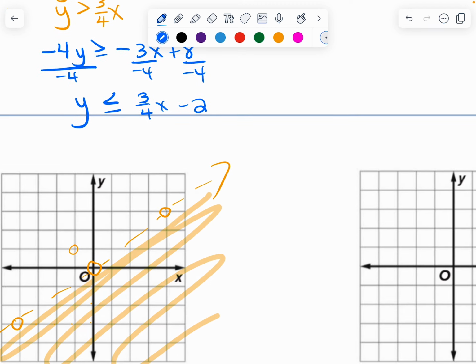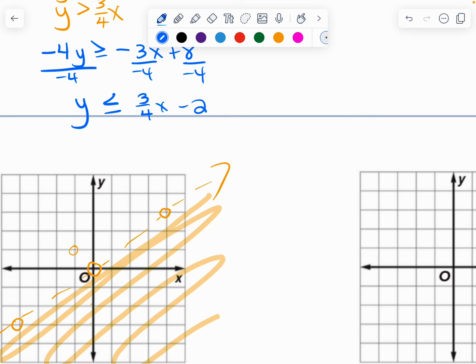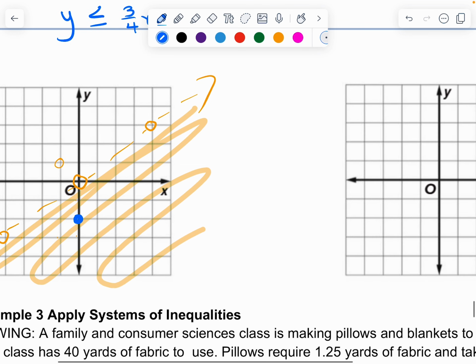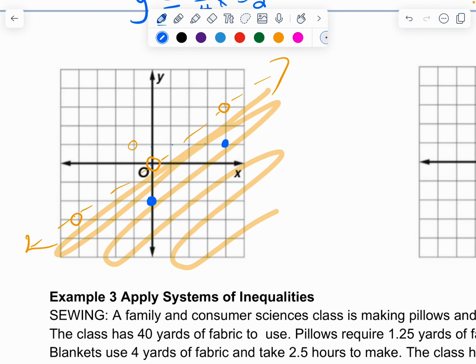Notice how they're going to be parallel lines because they have the same slope. So I go down to -2 and I go up 3, 1, 2, 3 over 1, 2, 3, 4. I go down 3 and over 4. They are going to be parallel lines.